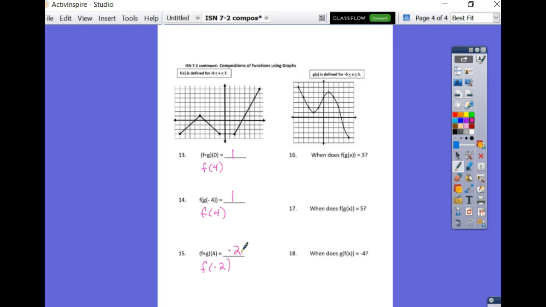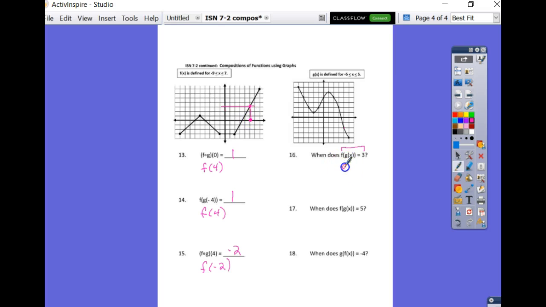So on the input, we started in the middle. But on the output, you have to start on the outside. So what I want to know in the f function, when y equals 3, what's my x? So on the f function, here's my y is 3, 1, 2, 3. So it touches right here.